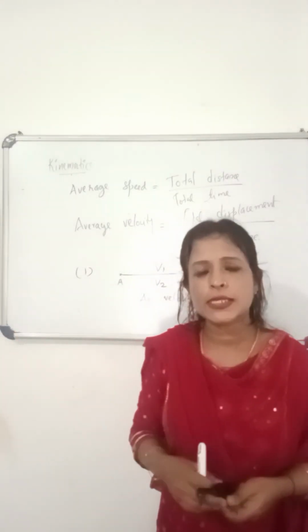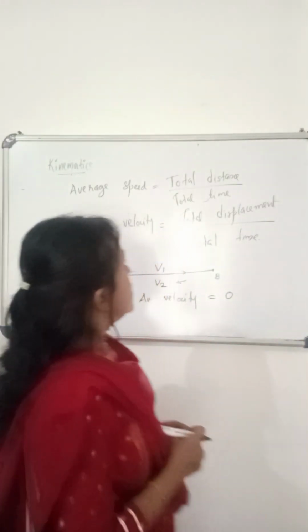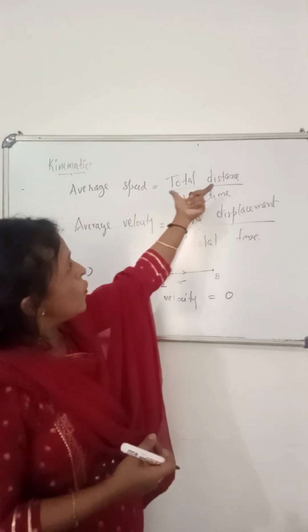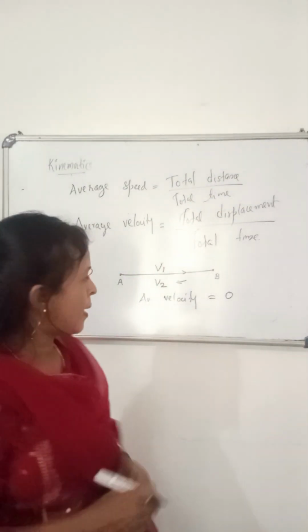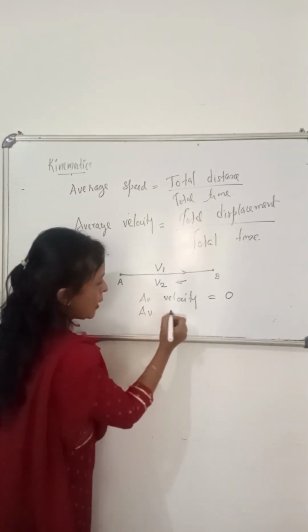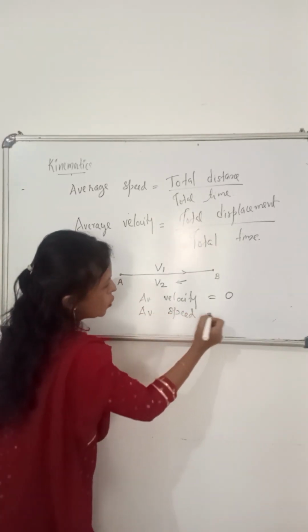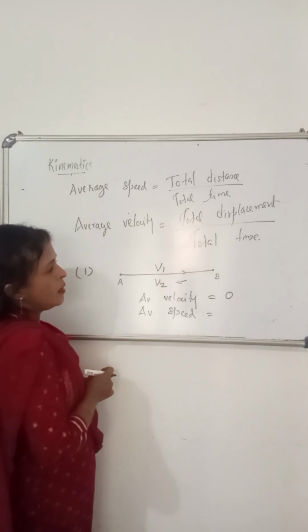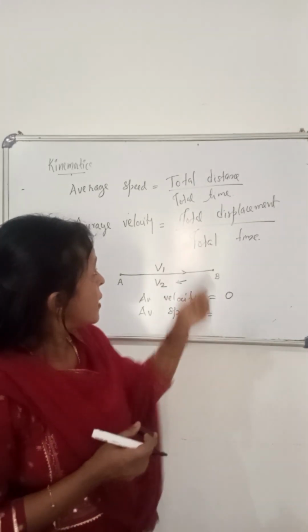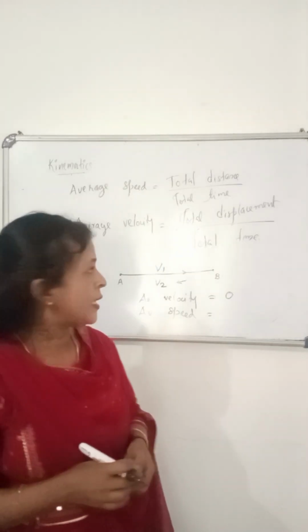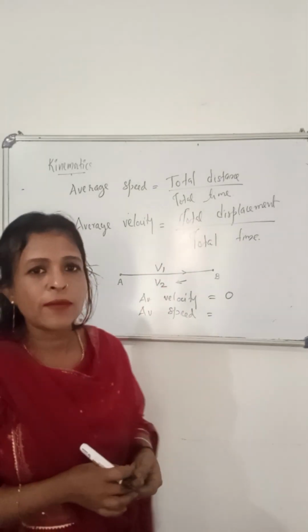We need to find the average speed. So what is the formula? Total distance divided by total time. But here distance is not given, time also is not given, only the velocities v1 and v2.